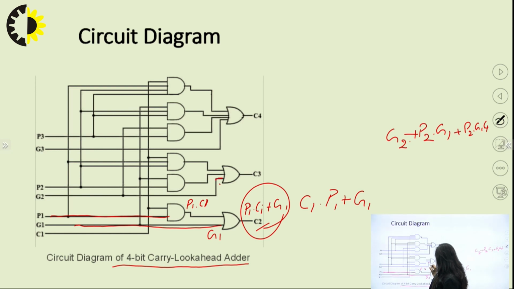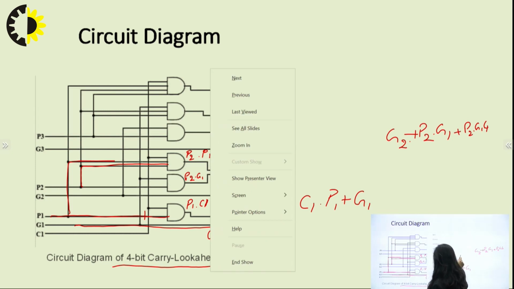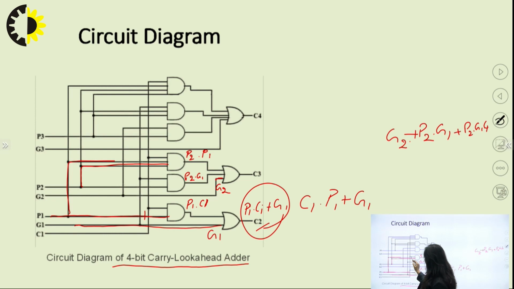G2 is coming from here, and these AND gates are giving P2 dot G1, and this AND gate is giving P2 dot P1 dot C1, where the last input is C1.